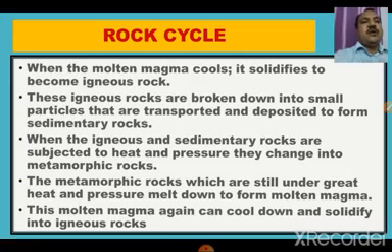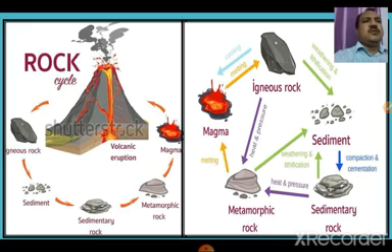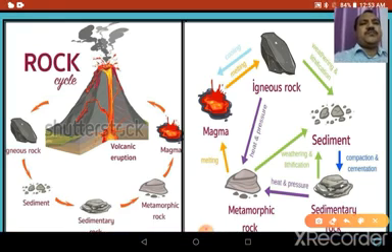This molten magma again can cool down and solidify into igneous rocks. So this is the diagram of the rock cycle. Now you see the volcanic eruptions take place.